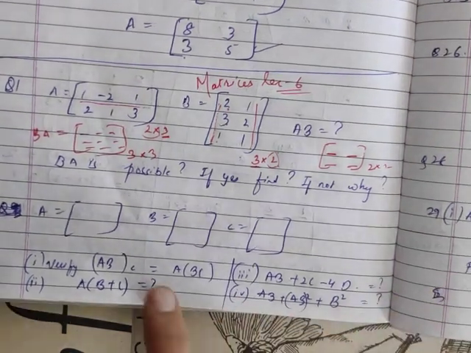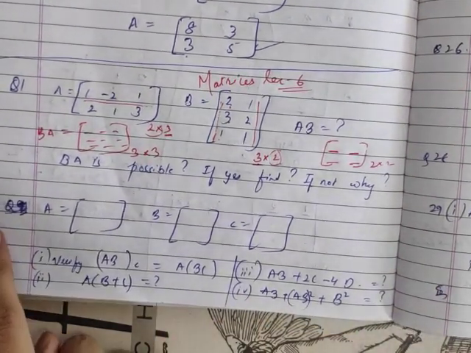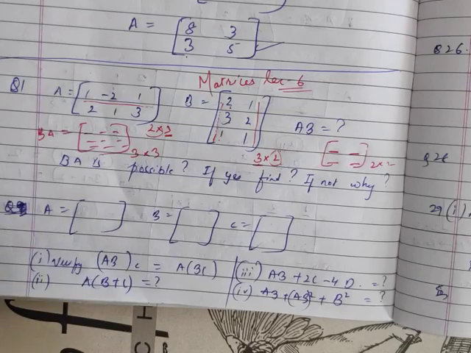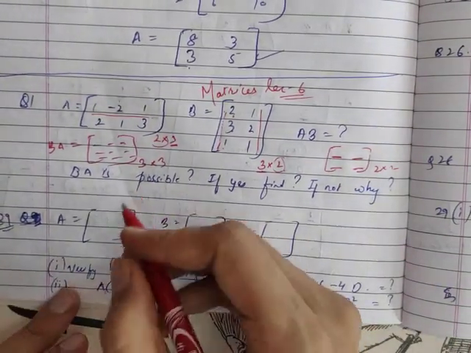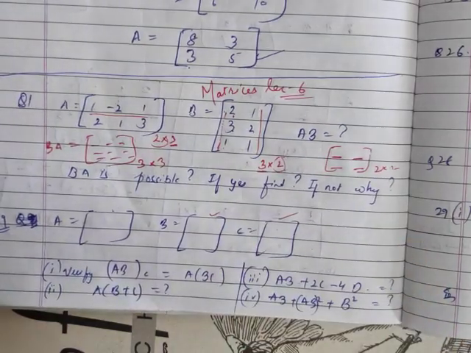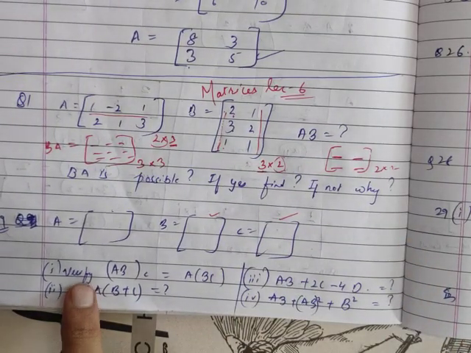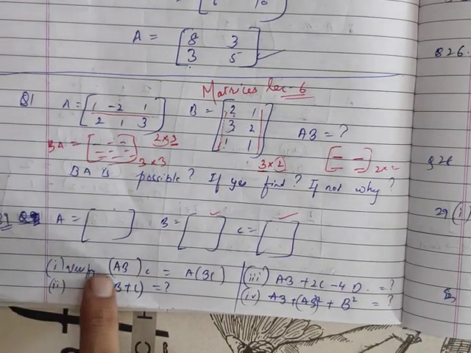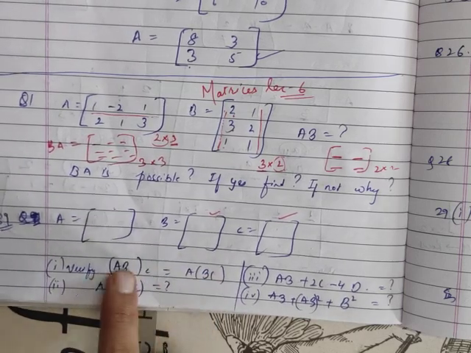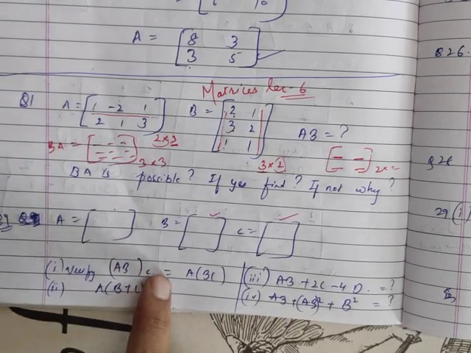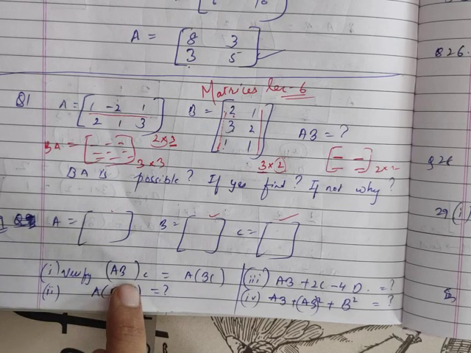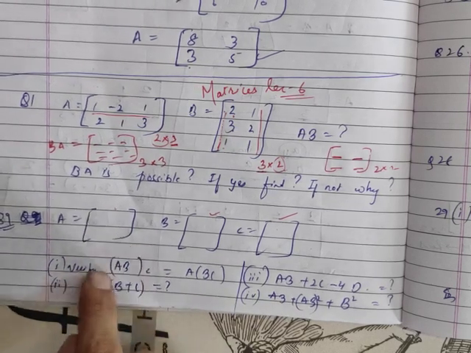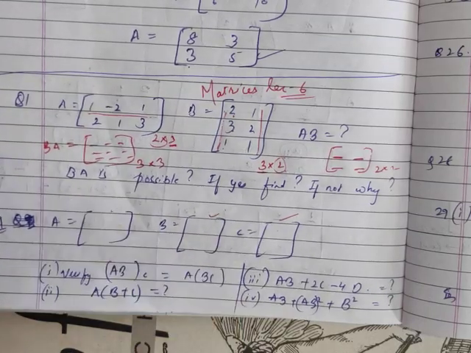Next question. Check out this kind of question. So this is question number 9 from your textbook. Let's see this. So this question says A matrix कुछ तो दिया है, B matrix कुछ तो दिया है, C matrix कुछ तो दिया है. He wants me to verify whether this is equal to this. First question I'm seeing. ठीक है? So what will I check? I'll call this as my LHS, this as my RHS.